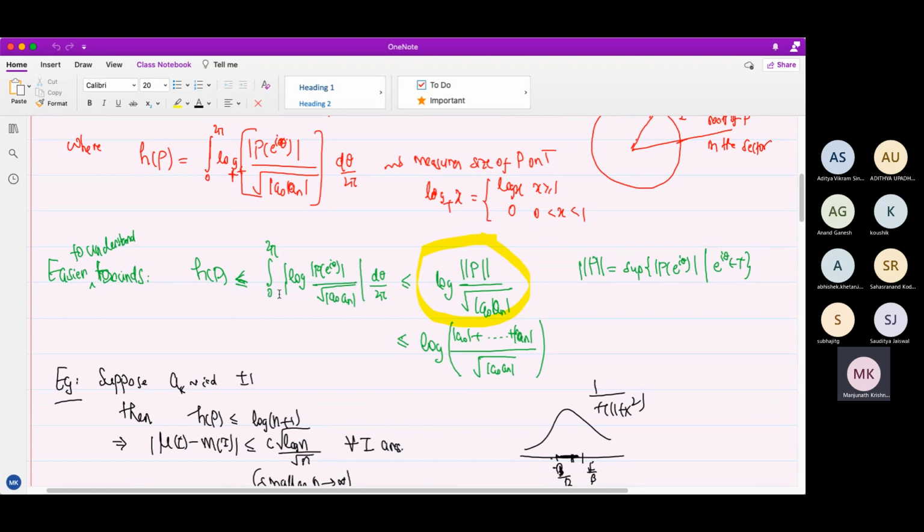Instead of an integral, since it's an average, you can bound it by the maximum, which becomes log of the sup norm of the polynomial on the unit circle divided by the square root of a0 an, which can further be bounded, since on the unit circle p of e to the i theta can be bounded by the sum of the absolute values of the coefficients.